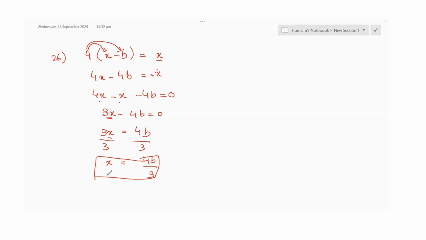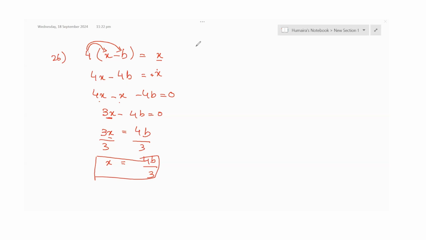Then you put the 4b on the other side, which gives you 3x equals 4b, and you divide each side by 3, which gives you 4b over 3.